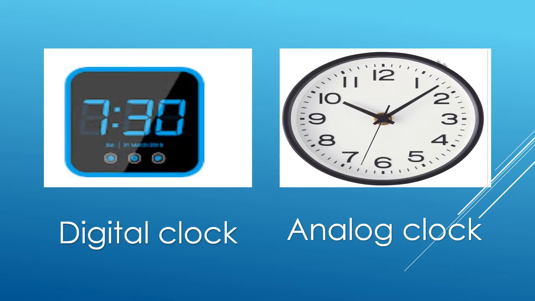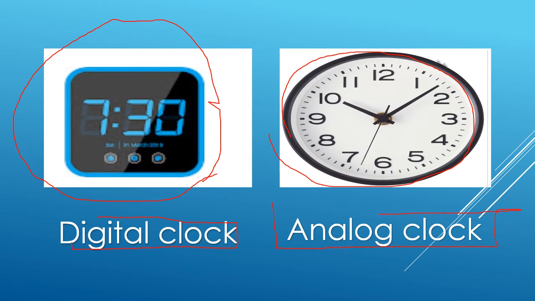There are two types of clock nowadays. One, this type of clocks are called digital clock, and this type of clocks are called analog clock. And when digital clock is concerned, then it is very easy for us to read it, because this type of clocks shows time digitally.